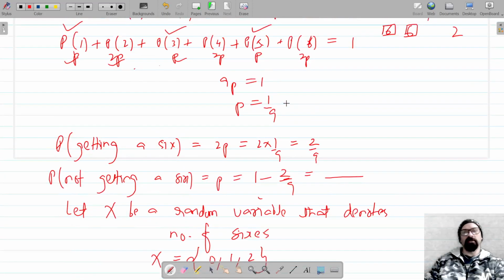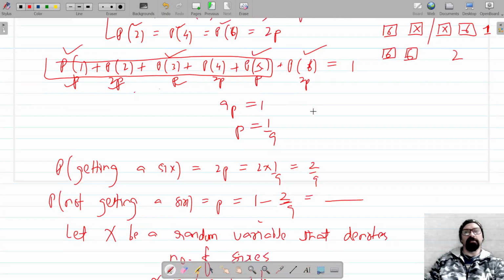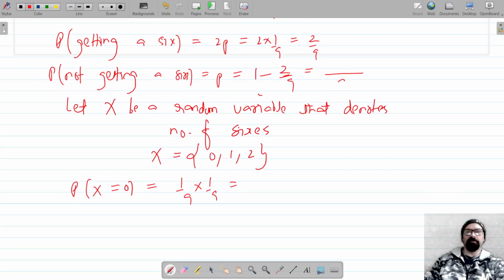So that means we are not getting a 6 but we are getting all the others, and this is 1 minus 2P, so 9 minus 2 is 7 by 9. So not getting a 6 is 7 by 9. So this is 7 by 9 into 7 by 9. On both throws we are not getting a 6, so this is 49 by 81.